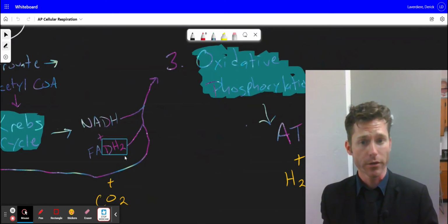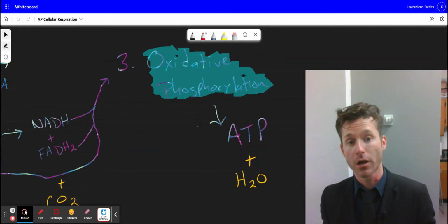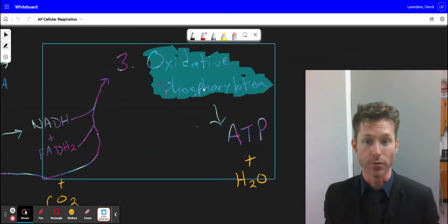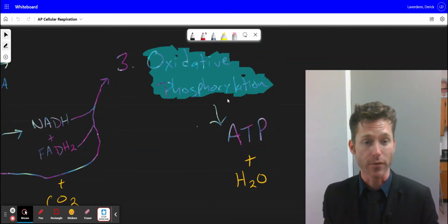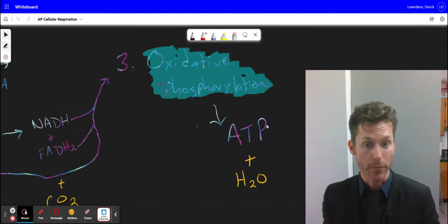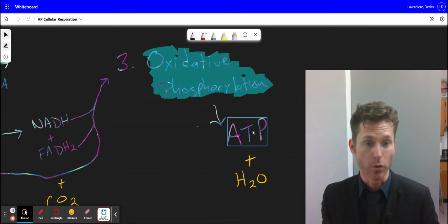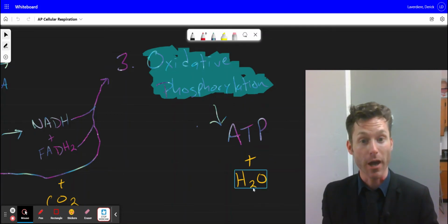These electron carrying molecules are then shifted to the inside of the interior membrane of the mitochondria, where they are utilized to complete oxidative phosphorylation, and they generate ATP, which is the whole point of doing this process, is to take the energy out of sugar and to move it into ATPs that the cells can use for work. Water is a byproduct of oxidative phosphorylation.